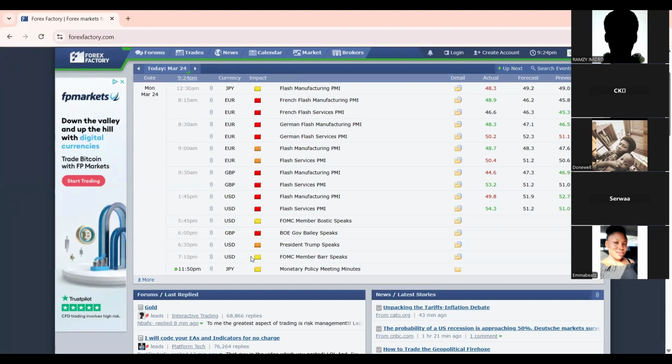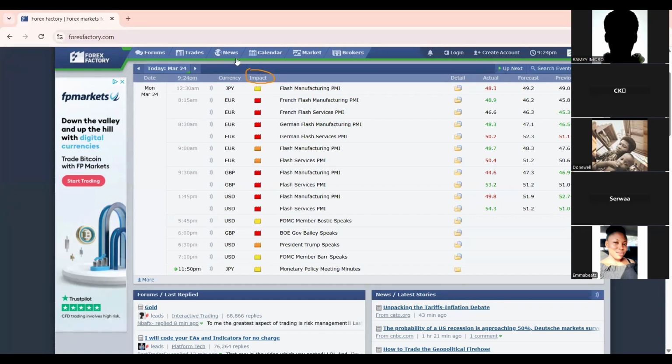This is the degree to which this news is actually going to affect the market. As you can see, impact. You can see impact where I'm highlighting. Let me circle it for you guys. You can see them saying what impact.